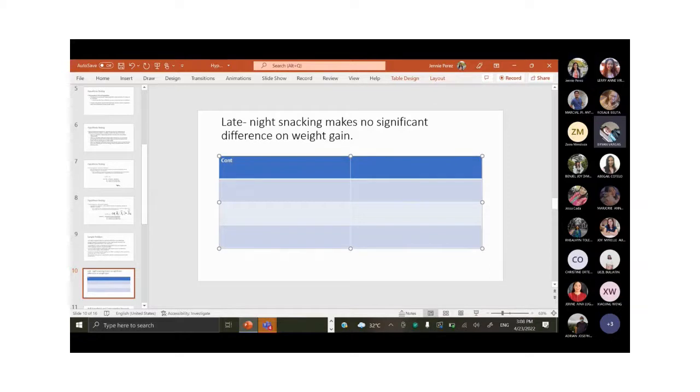Control group, and we have experimental group. Now this control group, they would have no night snacks, and the experimental group will have night snacks.